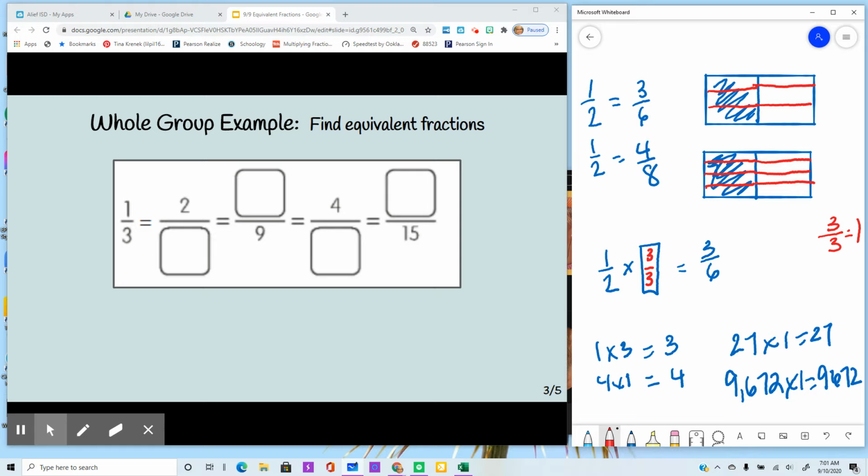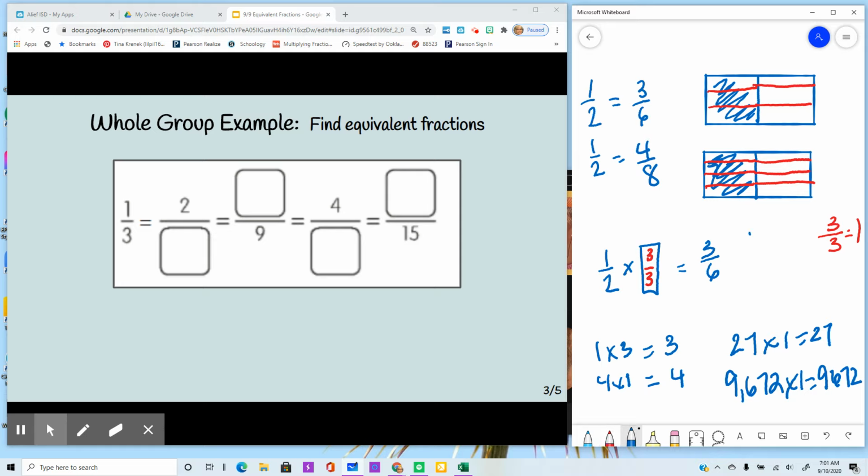All we did was cut it up into smaller pieces. So when your numbers get larger in fraction, your pieces get smaller. And you can see we still have the 1/2 there. Now it's either in thirds, 3 and 6, or eighths. We cut it into 3 pieces or into 4 pieces.